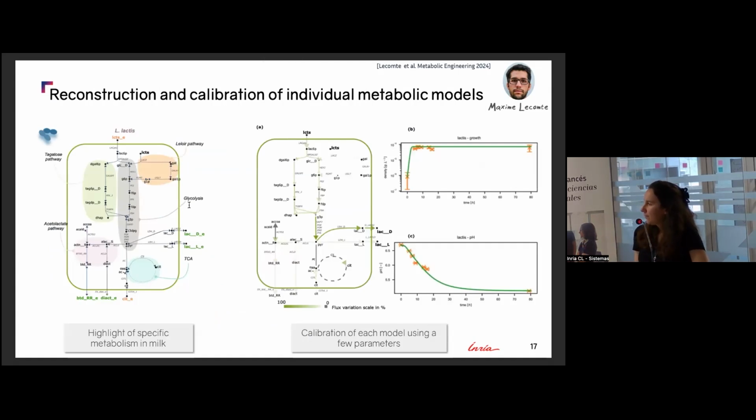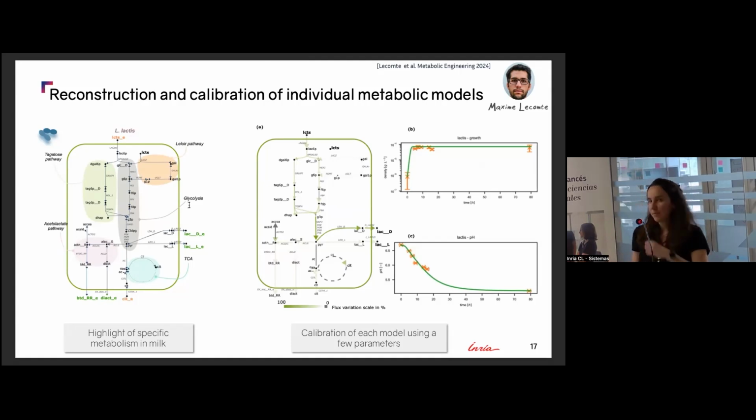Maxime did a lot of curation on each of the models in order to highlight the metabolism of the species that was specific to the milk condition. And then he built the first dynamic models for the individual species. You can see in the green line the model, in orange the original data. So for individual growth, the results are quite precise.